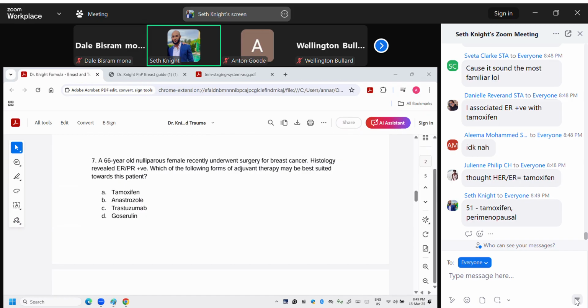But in clear-cut postmenopausal women, we want to give an aromatase inhibitor to inhibit that aromatase, prevent that fat being converted to estrogen, decrease our estrogen levels, and so we would give anastrozole. In premenopausal women, yes, tamoxifen is the drug of choice, but remember it causes infertility, so she has to have completed a family or have no desires for a family.